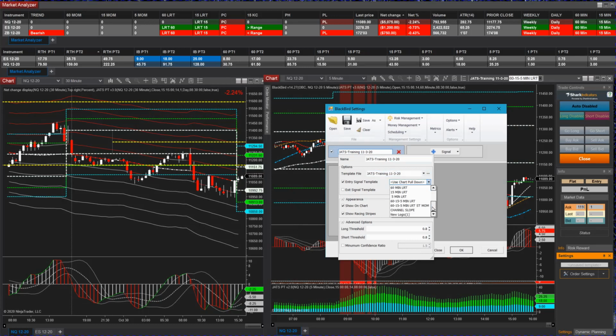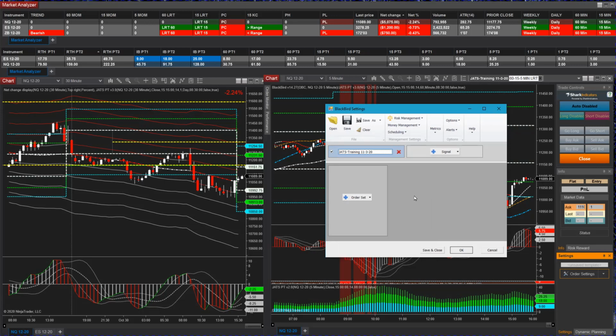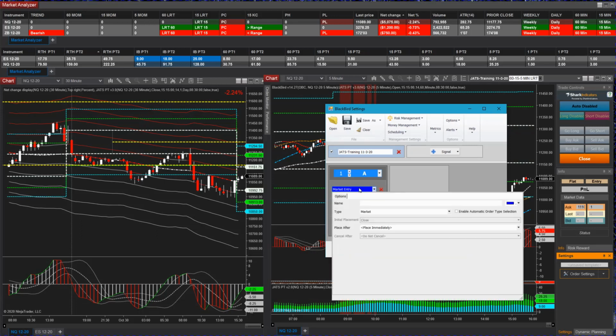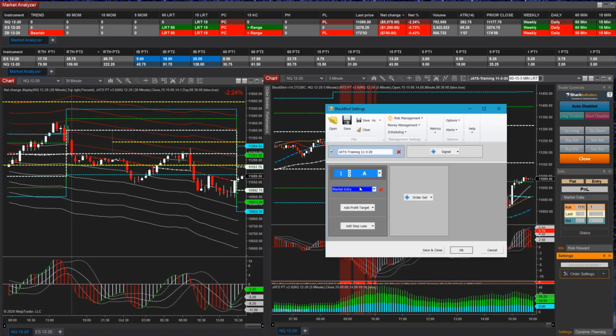Try this again. So on your next version update, guys, y'all should put a prompt in here saying, do you want to save your template before it closes, to let us know. So let me save as real quick so this doesn't happen again.